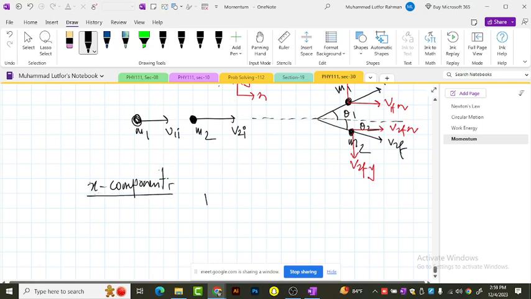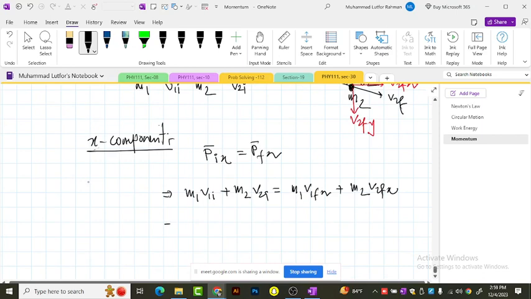It should be pix equals pfx. I'm taking that in terms of the x component. Then it should be m1 v1i, which is towards the x direction, and m2 v2i, which is also towards the x direction. Now for the final, it should be m1 v1fx plus m2 v2fx, right?